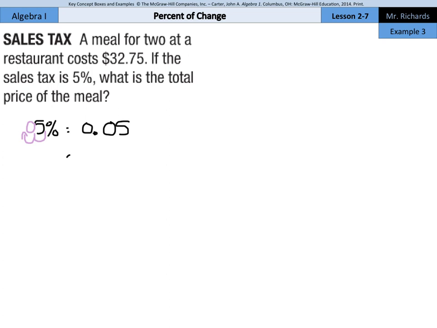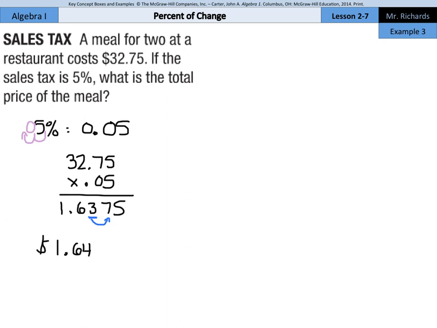Now, $32.75 times the 5% tax results in $1.6375. Now, tax is always rounded to the nearest penny, and so this is going to be $1.64 for the tax.